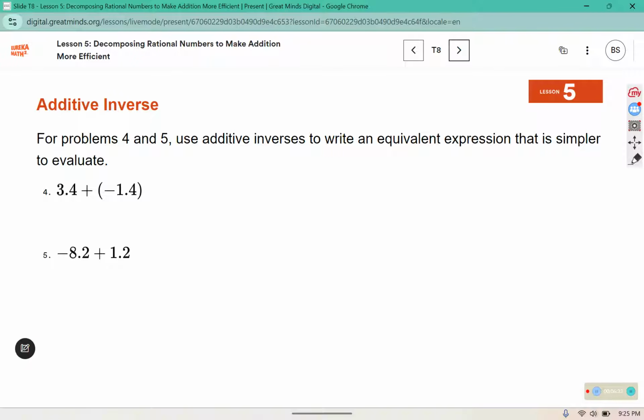For problems 4 and 5, use additive inverses to write an equivalent expression that is simpler to evaluate. So I have 3.4 can be decomposed into 2 and 1.4.